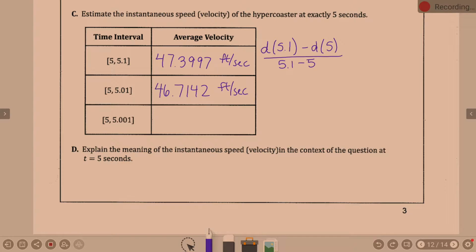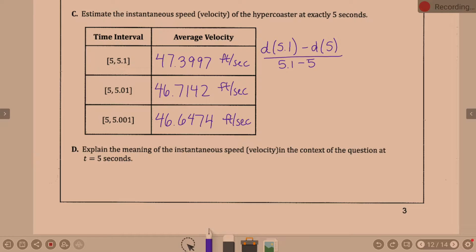Next one I have is 46.7142. And the last one, 46.6474 feet per second. I don't know that we know the exact value it's getting closer and closer to, but we're getting a ballpark, aren't we?